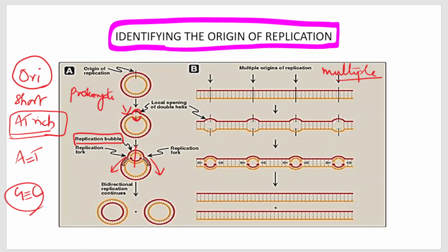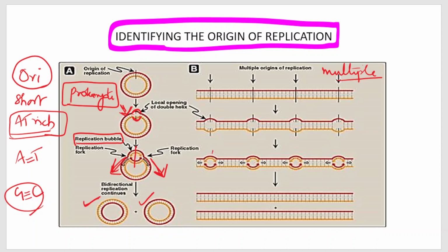As we have found the origin of replication at one site, from both sides, in both directions, the DNA has to be replicated. And finally, what do we get? We get two daughter DNAs. So this happens in the prokaryotes with a single origin of replication.